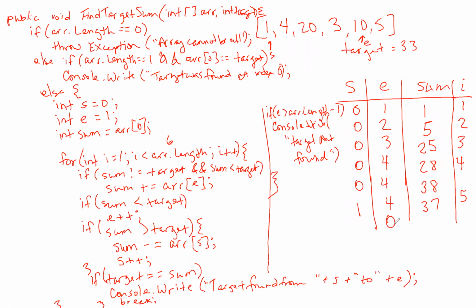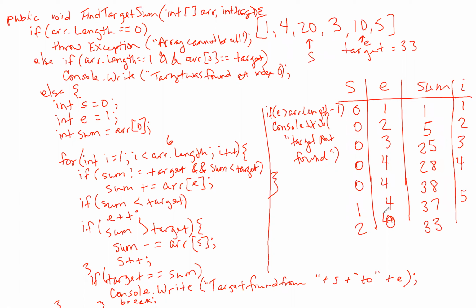If sum is greater than target, which it is, then we need to, and S had moved to here, we need to subtract S, so we get 33, and then increase S. Okay, so now S is there at position 2.